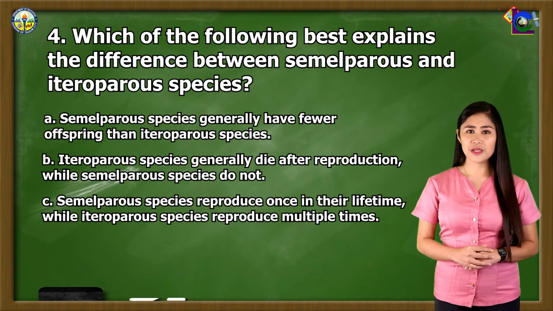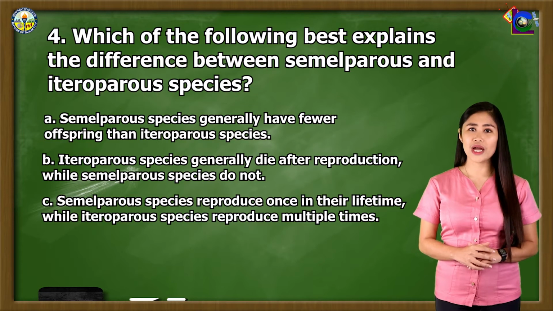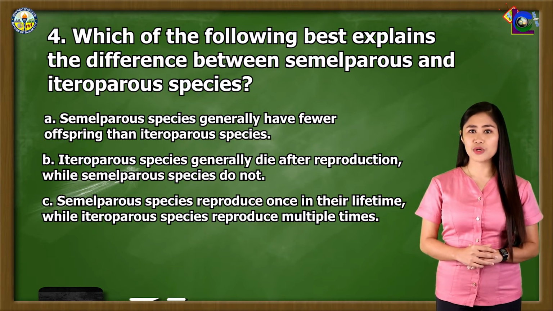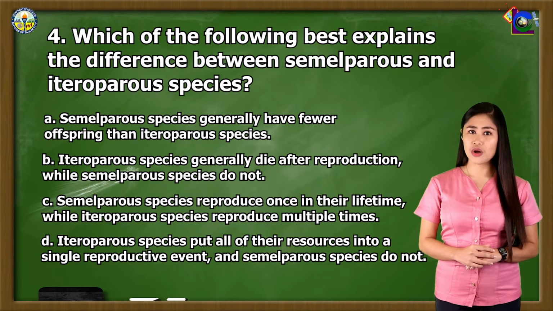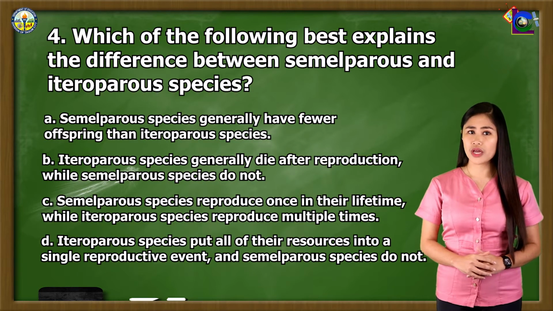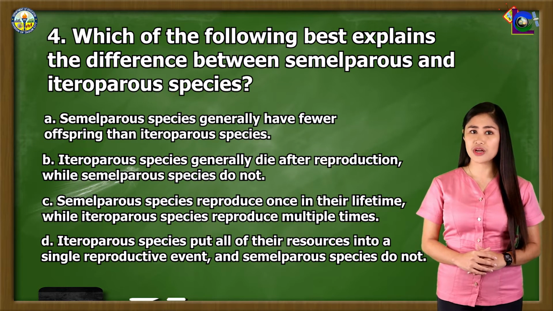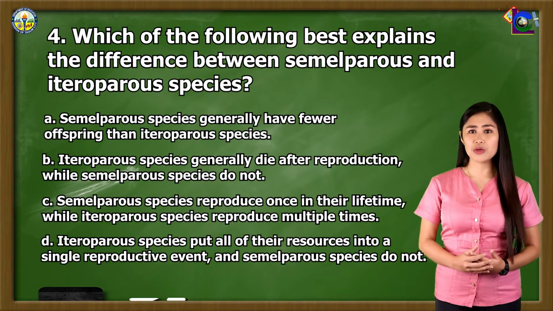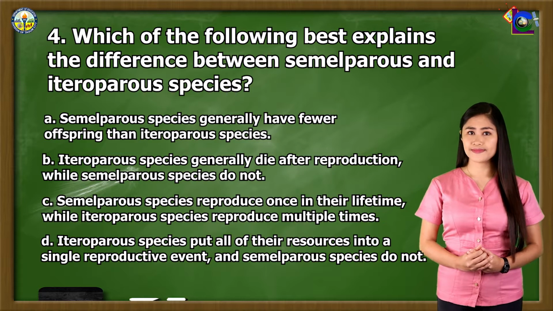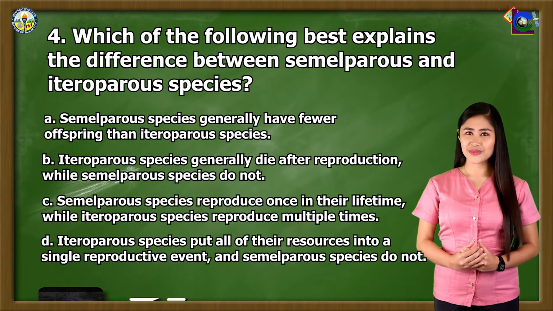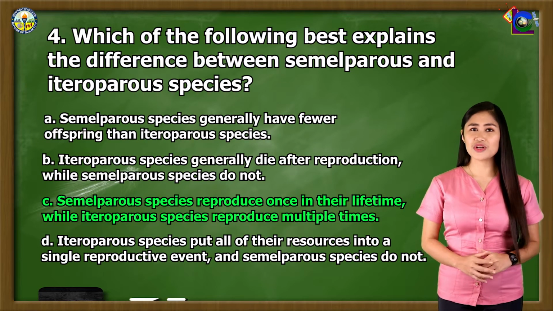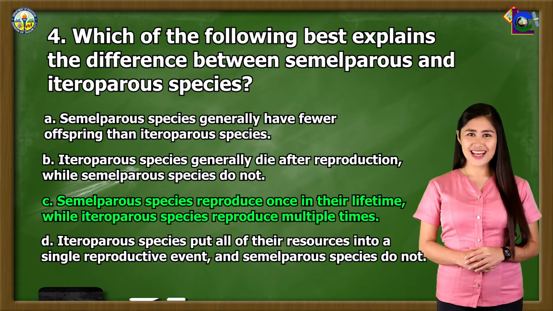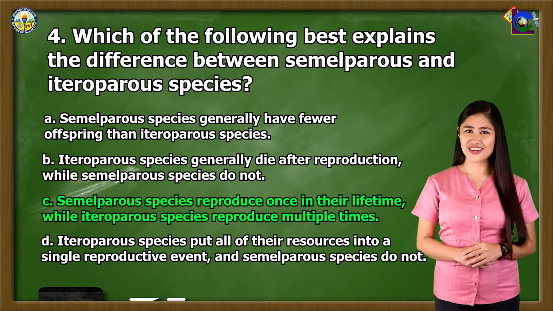C. Semelparous species reproduce once in their lifetime, while Iteroparous species reproduce multiple times. Or D. Iteroparous species put all their resources into a single reproductive event, and Semelparous species do not. You are confident and correct. Letter C is the answer.